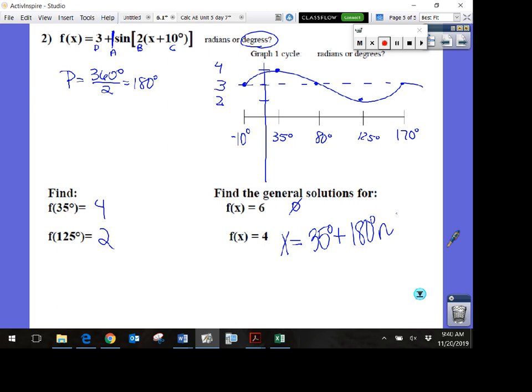So there's your general solution for that. We only need that one. We have one because it happens once in one cycle. Always think about one cycle. One cycle is the period. How many times does that happen in the period? So this unit is going to be very repetitive.